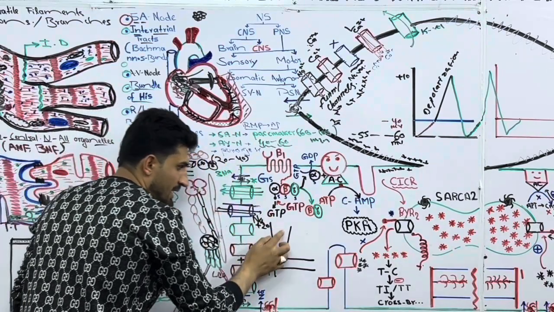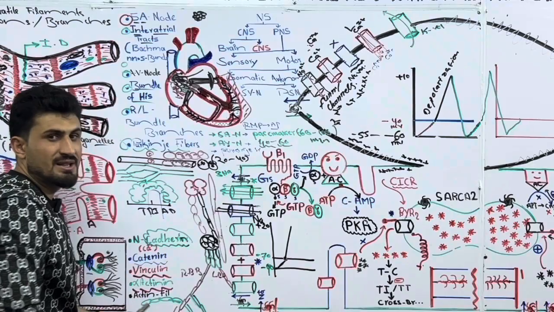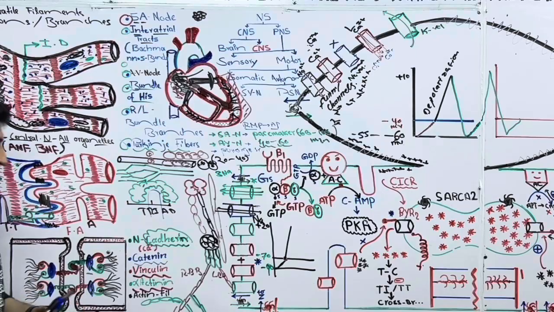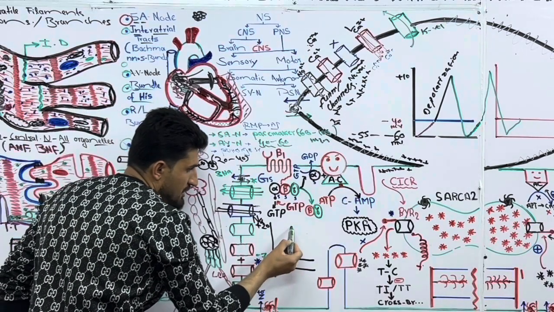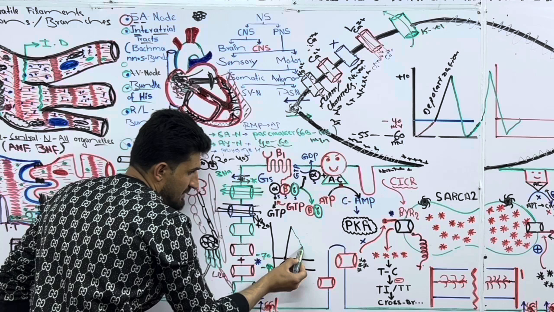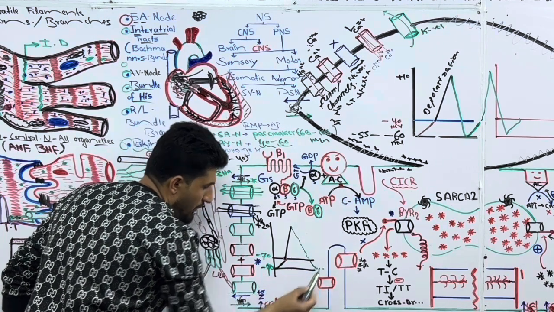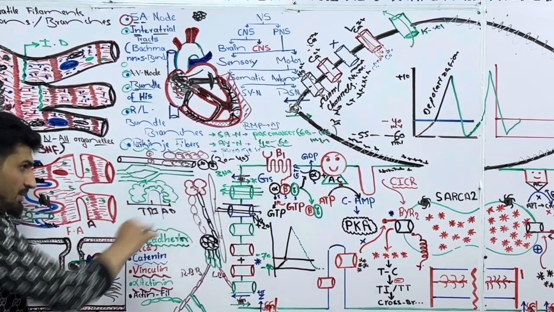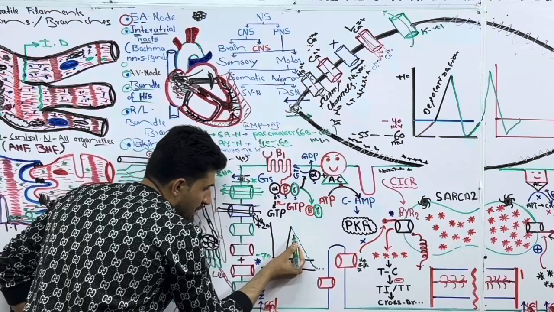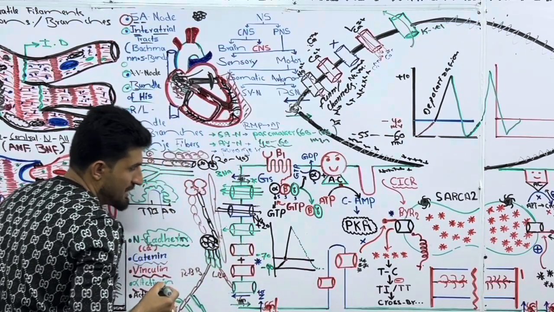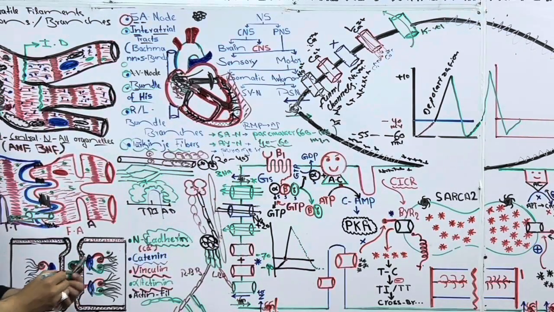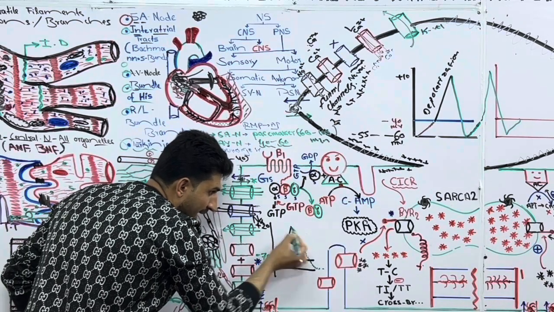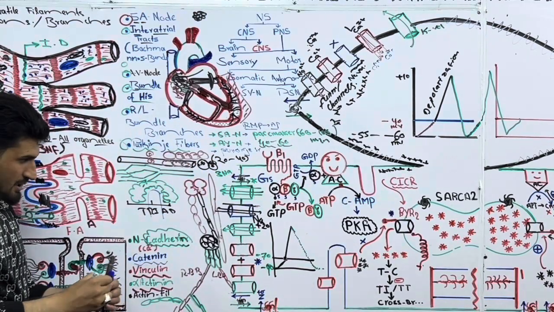Listen to me carefully. This is the difference between the depolarization and repolarization of the cardiac cell and the skeletal muscle cell. In the skeletal muscle cell, at this point, potassium voltage gated channels open, and I'm going back from depolarization to the repolarization state. But here in the cardiac cell, first these potassium voltage gated channels will be opened, and a lot of potassium goes out from the cell, and I'm coming back toward the repolarization state.